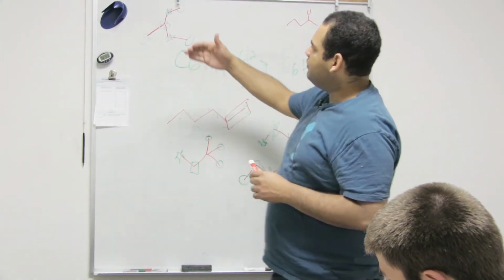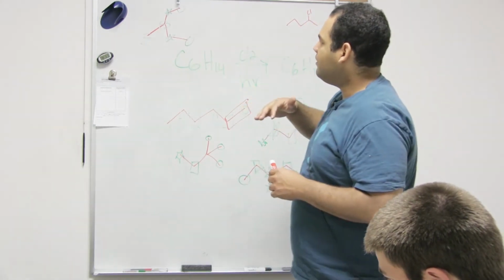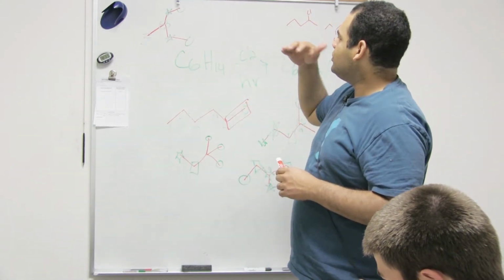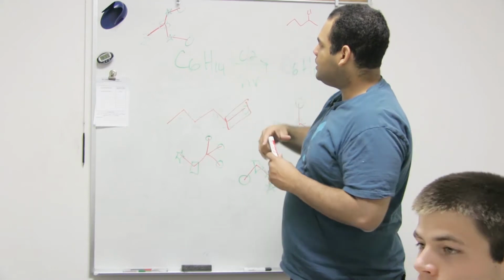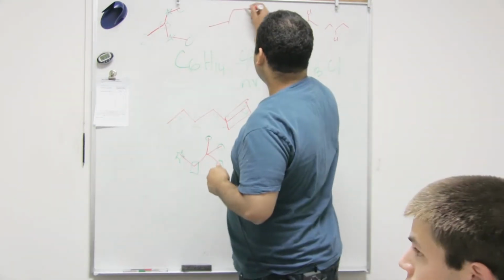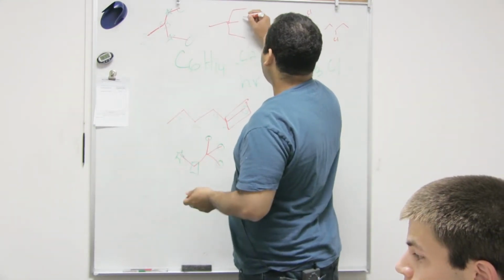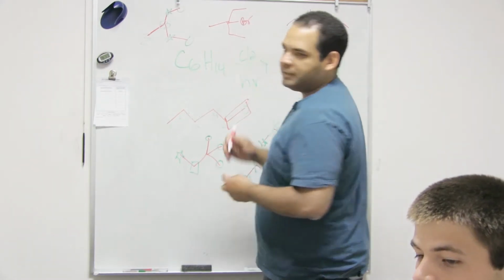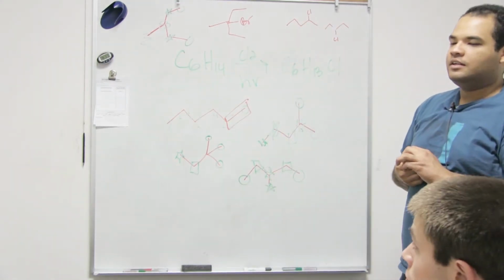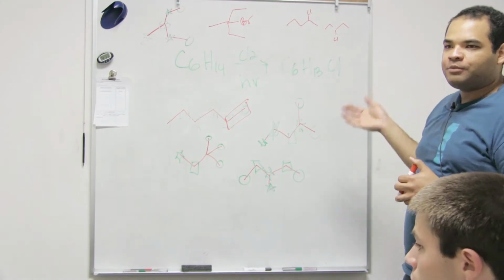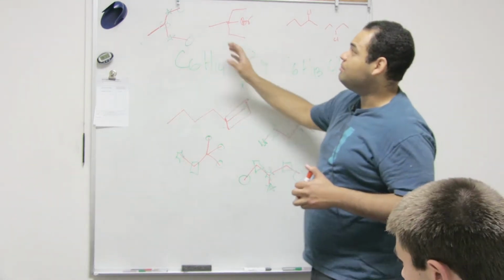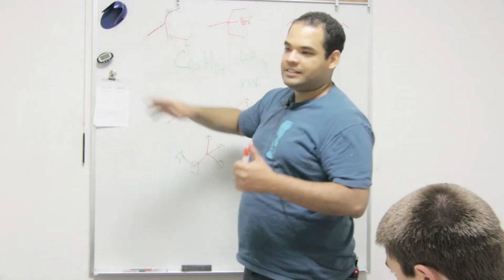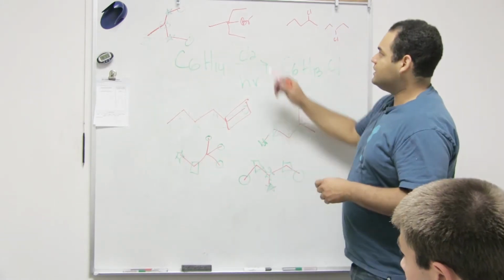So if we do bromination instead of chlorination, this would be the final product, like, I don't know, 80% of the time, while the other ones would be just minor products. While this guy here would form here, here, here in the same amount, because bromine is really selective.